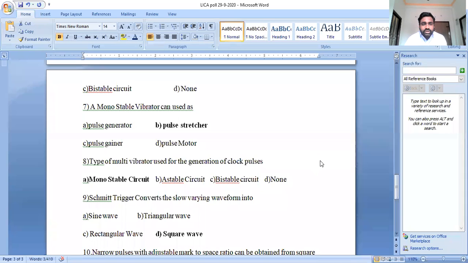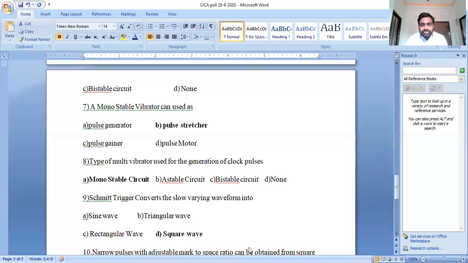The monostable multivibrator is also called a pulse stretcher. Why? In the output voltage, in the quasi-stable behavior, the output time is stretched at minus Vsat. That's why it is called a pulse stretcher. Eighth question: which type of multivibrator generates clock pulses?